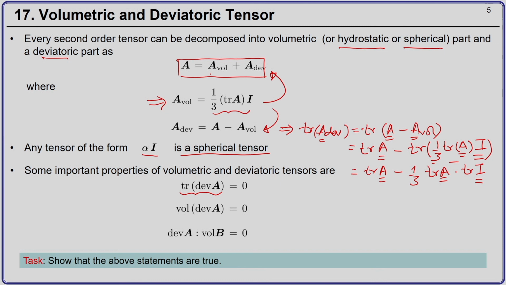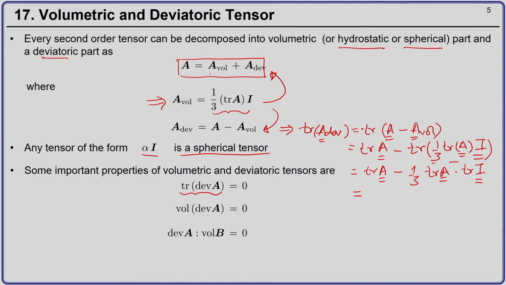So, what is the trace of the second order identity tensor? That is equal to 3. So, you have 1 by 3 trace of A into 3.